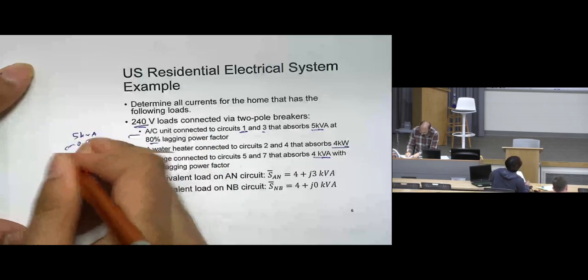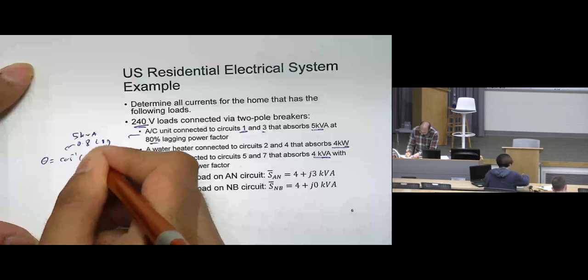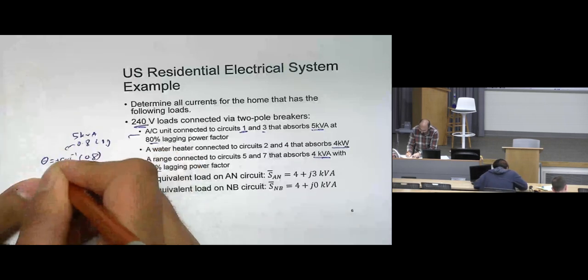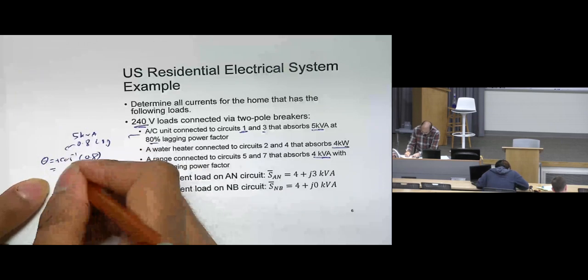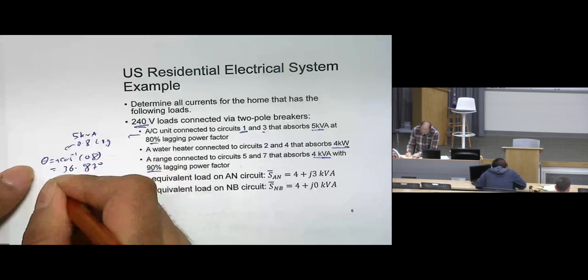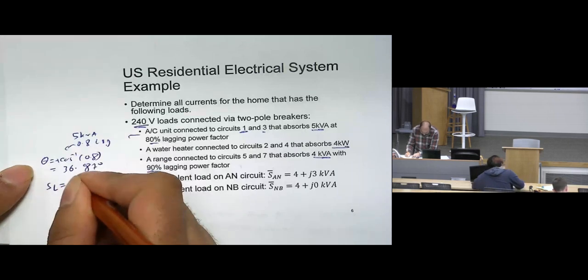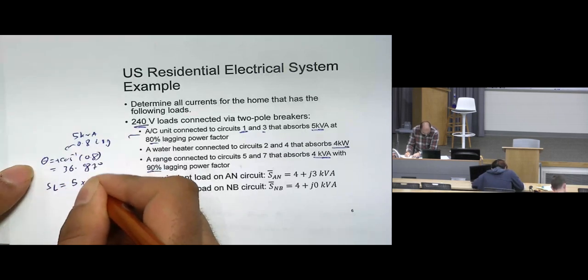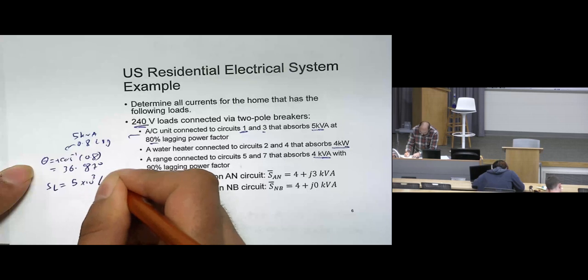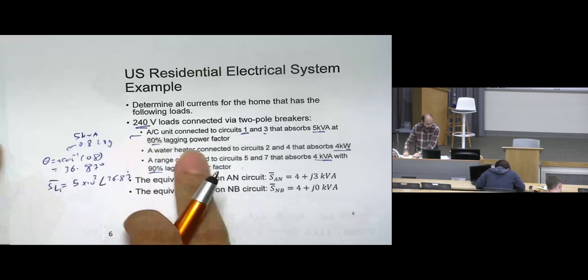From the power factor, we can find the angle theta, which is cosine inverse of 0.8, and it's positive because it is a lagging power factor. So it will be 36.87 degrees. Then S load will be 5 times 10 to the power 3, angle 36.87. This is the first S.